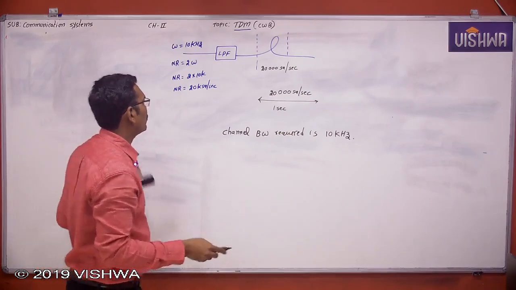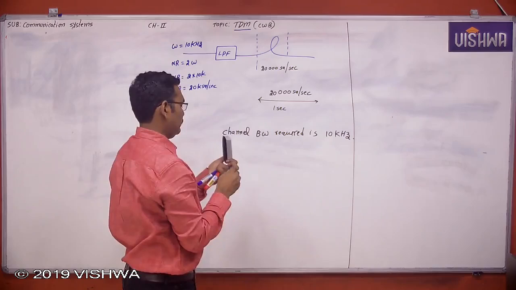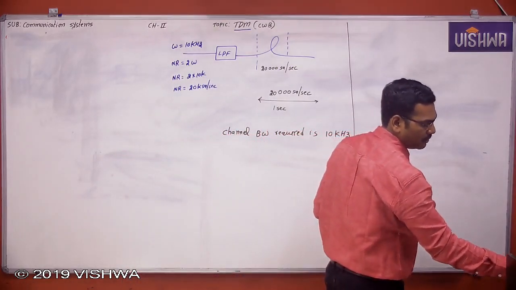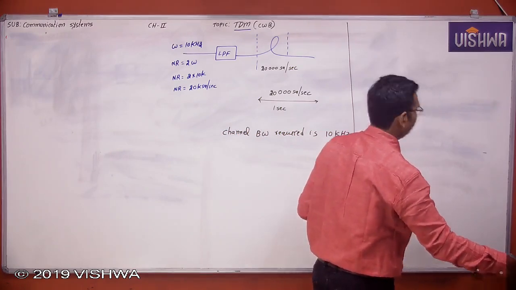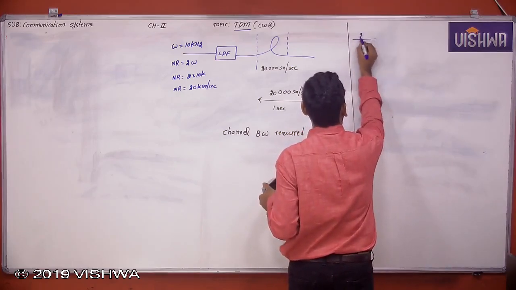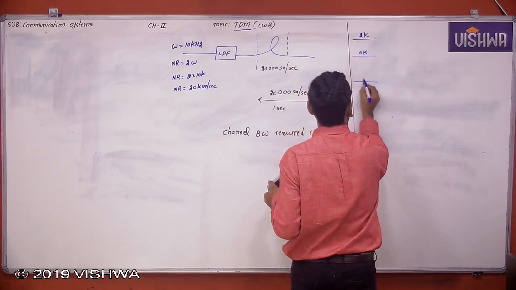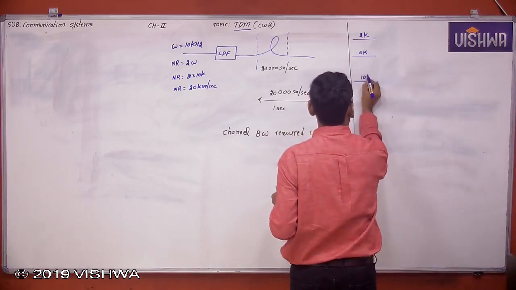But sometimes the question is like this. The question is: 3 signals of 2 kilohertz, 6 kilohertz, 10 kilohertz.